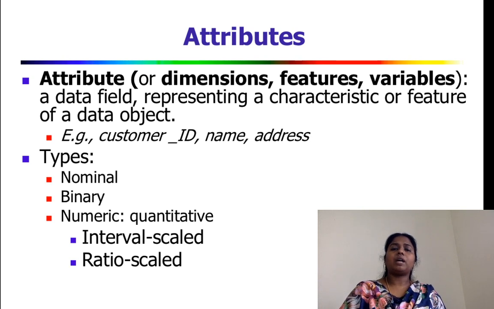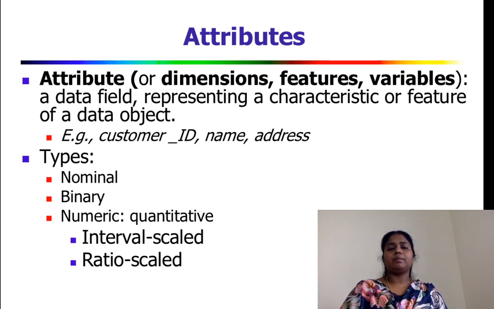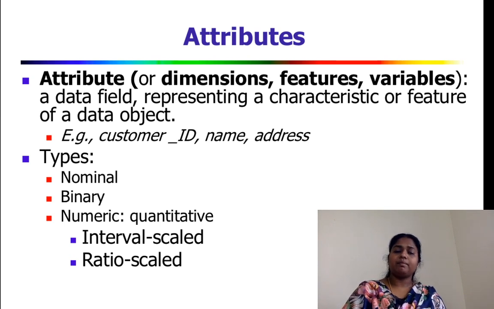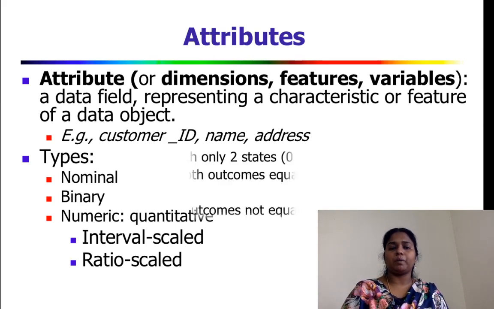Now, attributes are also called dimensions or features or variables of the data object. The types the attributes can be are nominal, binary, or numeric. In numeric, there are two different types of numeric attributes. We are going to see all these types one by one.